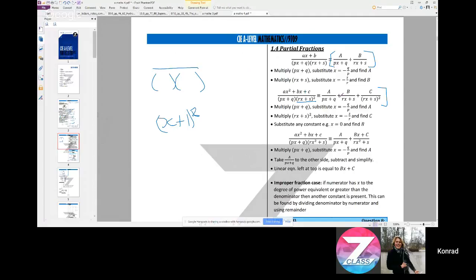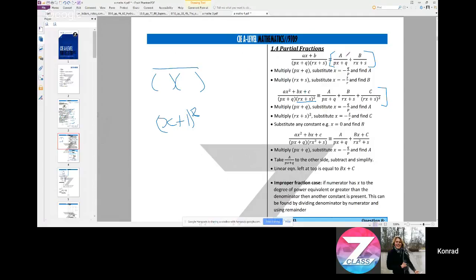I would argue that the best way to think about this is actually just putting the fraction back together, right? Which sounds like an odd thing to do. But the best way to think about this is to go back to how you would add up the fractions, right? Which is multiply through by the denominators. So in the top case, you would get A times the second bracket plus B times the first on top, right?